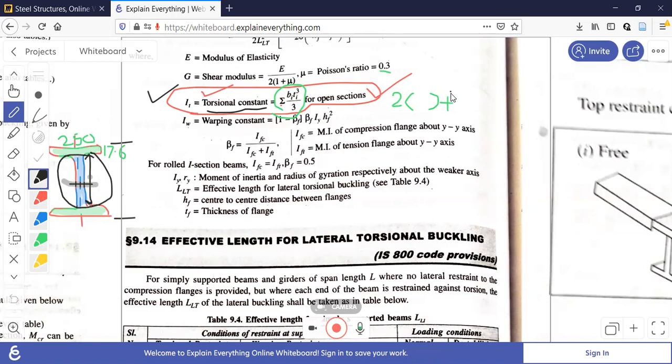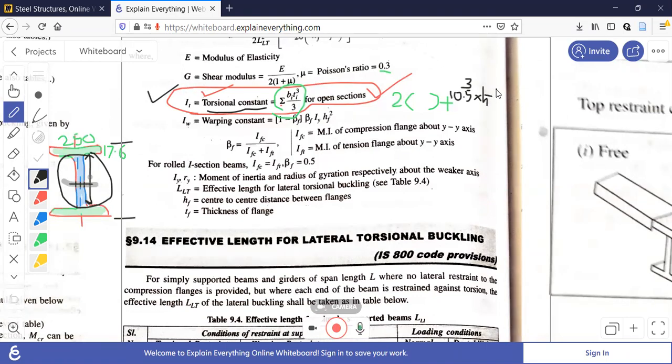First term you don't know, I'll explain that one. 10.5 BTQ into, for this middle rectangle, that is web, H minus TF.